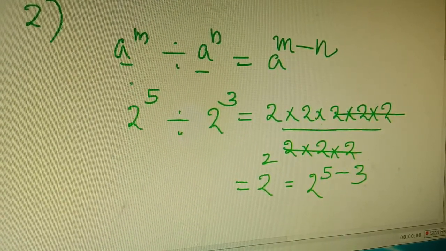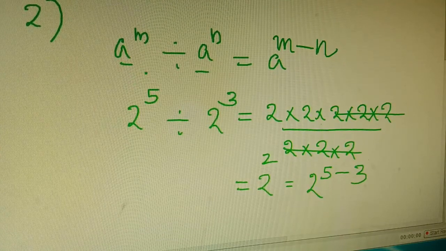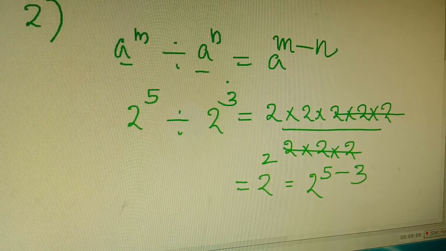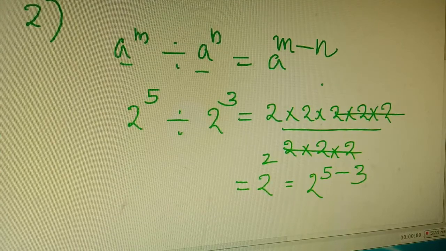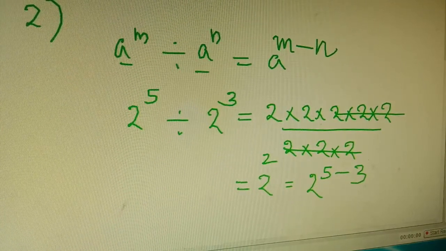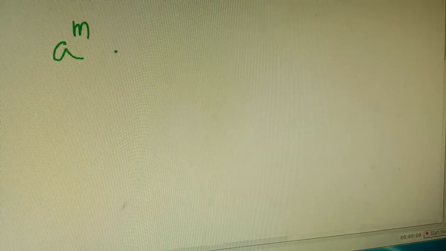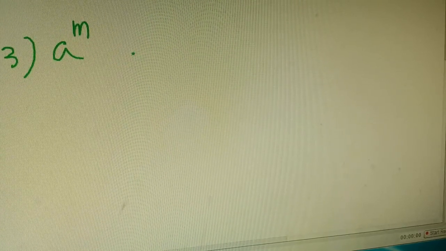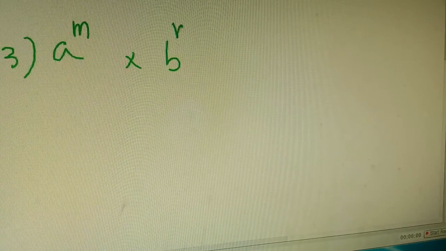That is our second law, a to the power of m divided by a to the power of n is equal to a to the power of m minus n. Now we can move to the third law. Here a to the power of m into b to the power of m.